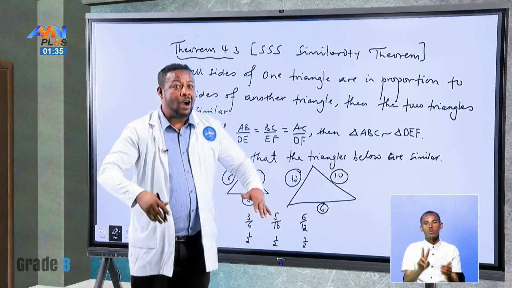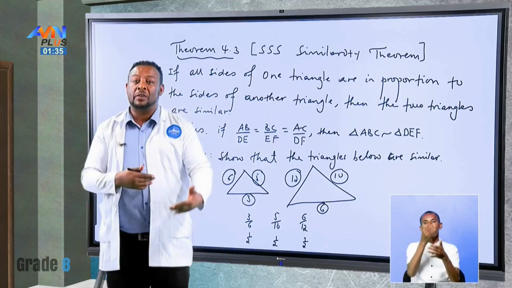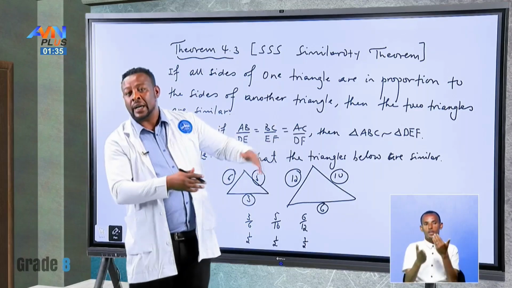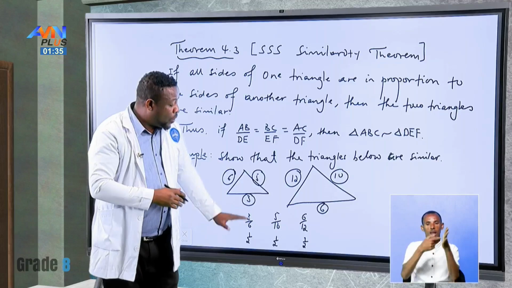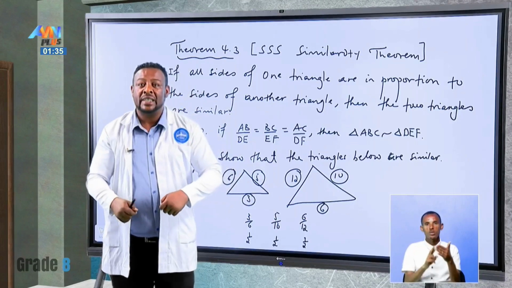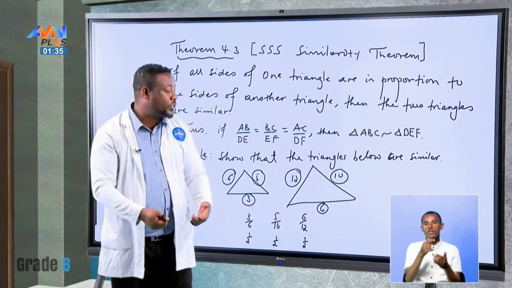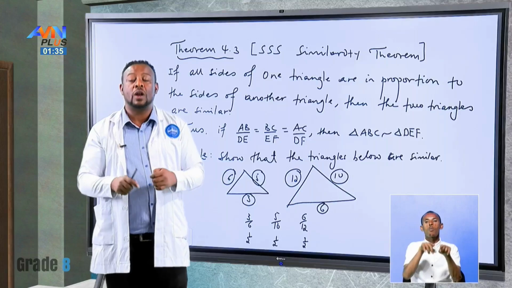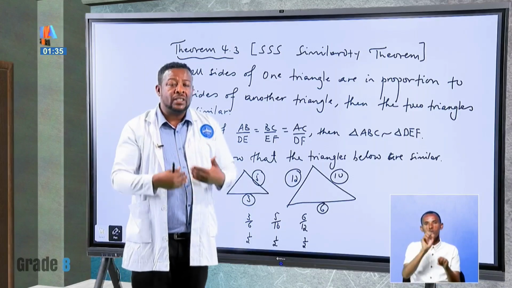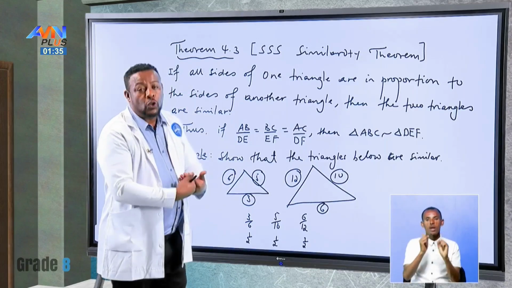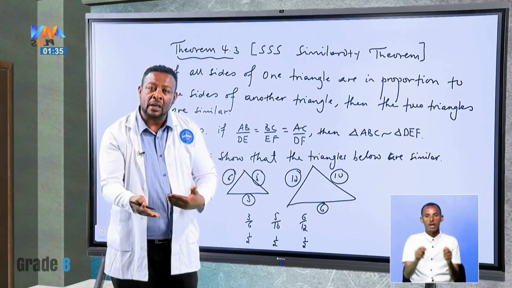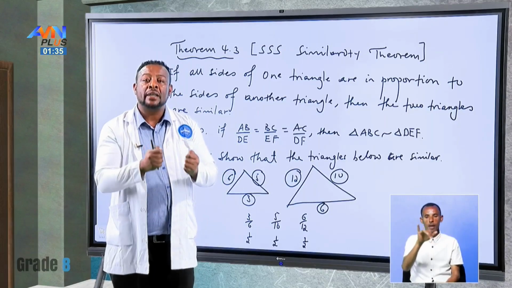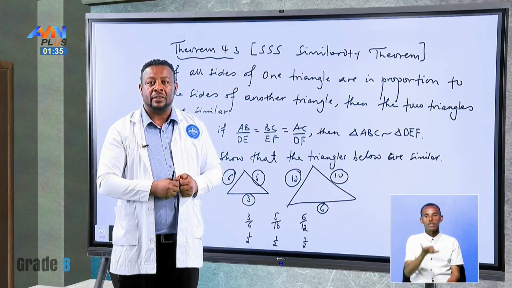We have seen how fractions can be simplified in our lesson in the first unit. So clearly, all these ratios are the same. There is a constant of proportionality, which is 1/2. So from this, we can conclude that the given two triangles are similar by side similarity, right?